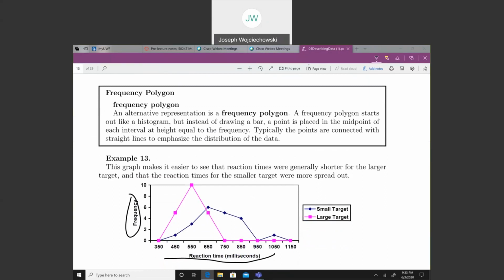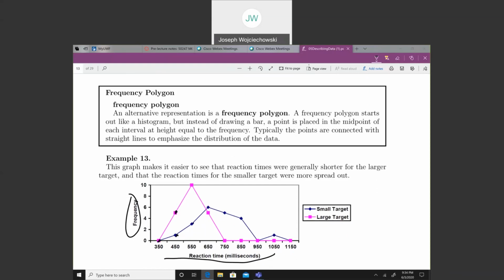But instead of drawing a bar, a point is placed in the midpoint of each interval at height equal to the frequency. Typically, the points are connected with a straight line to emphasize the distribution of the data. So we're putting the dots in the middle of the intervals, like this. And then we draw the connecting lines.